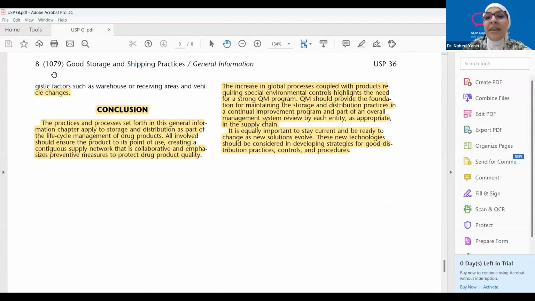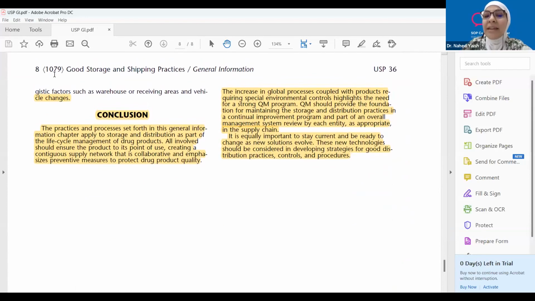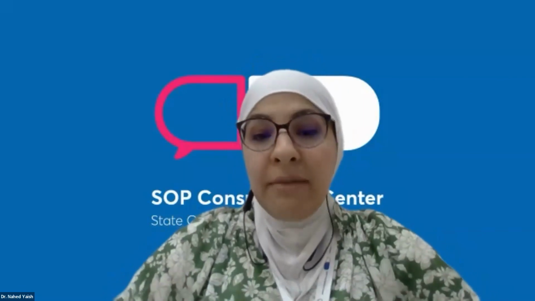They conclude that it's equally important to stay current and be ready to change as new solutions evolve. These new technologies should be considered in developing strategies for good distribution practices and controls and procedures. They have concluded the importance of the implementation of the good storage and distribution practices.